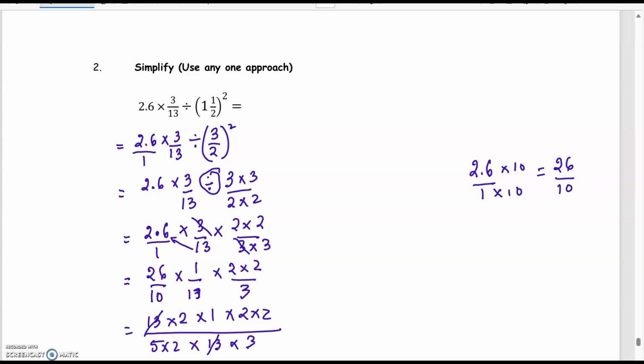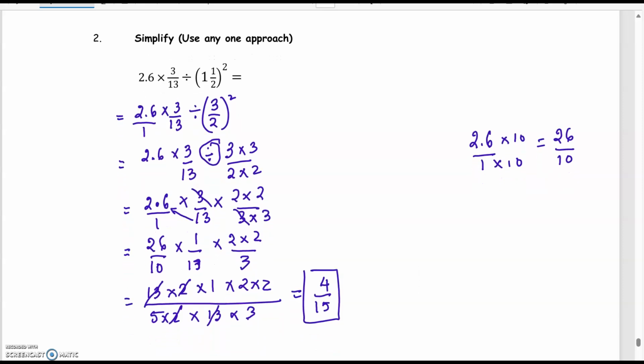So I cancel the 13 and the 13, the 2 and the 2. If there's nothing left to cancel, that's when I put the numbers together. So I get a 4 over 50. So that's my final answer.